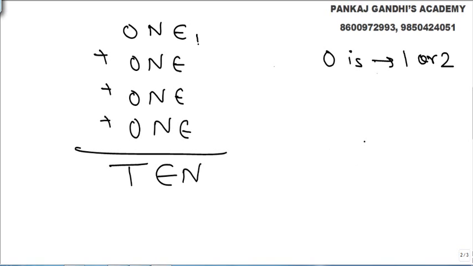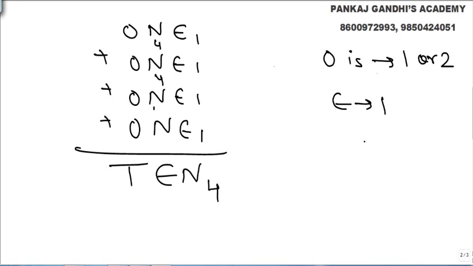Now let's say we try E is 1. If we try E is 1, 1 plus 1 plus 1 plus 1, we get 4. If E is 1, we get N as 4.